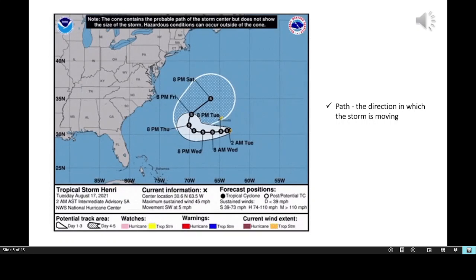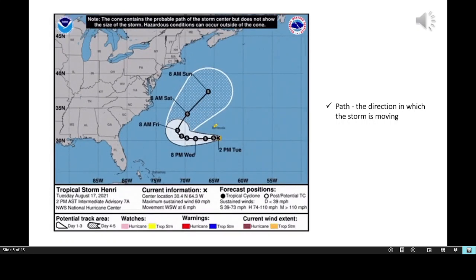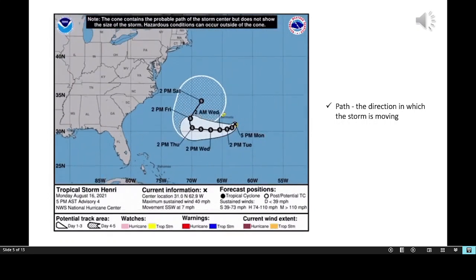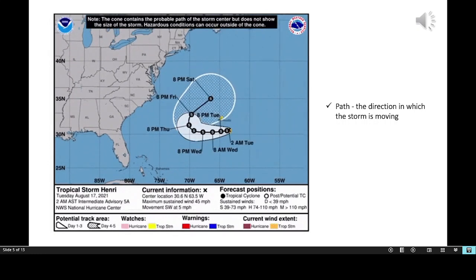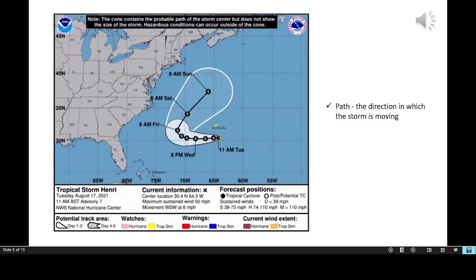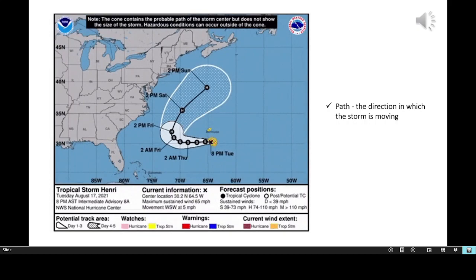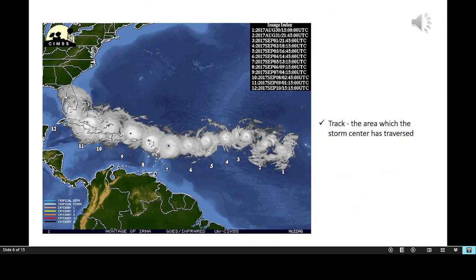Path, the direction in which the storm is moving. Track, the area which the storm center has traversed.